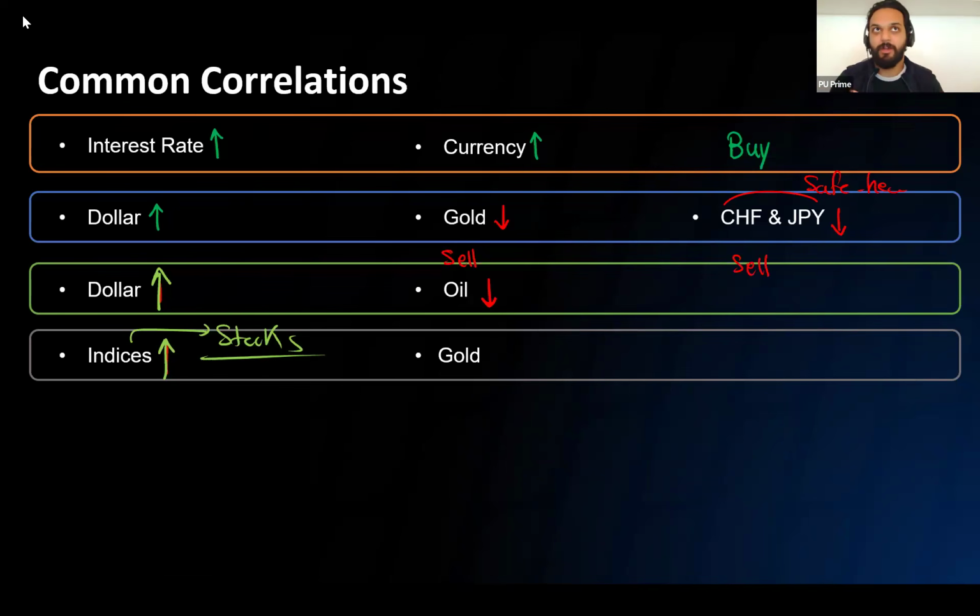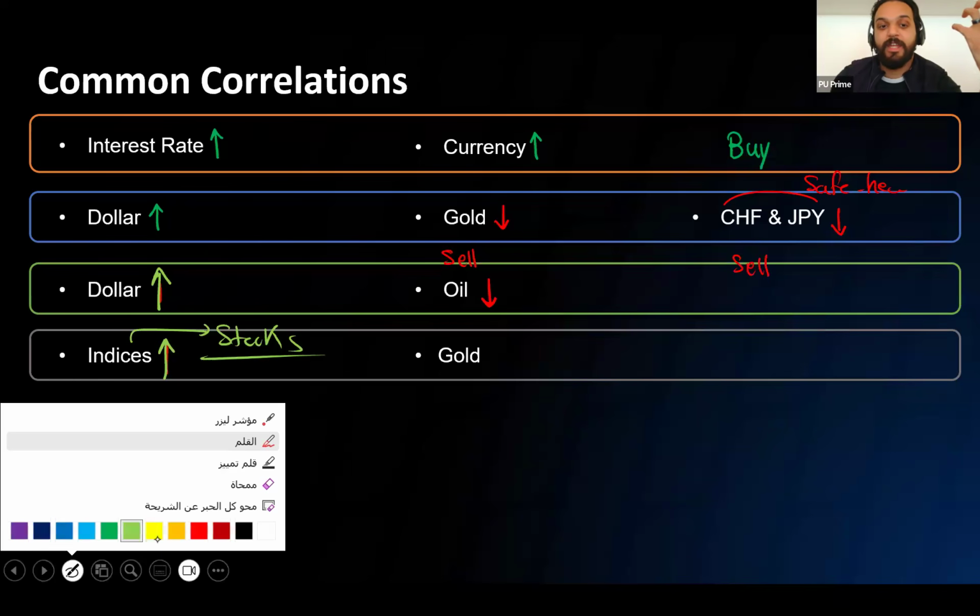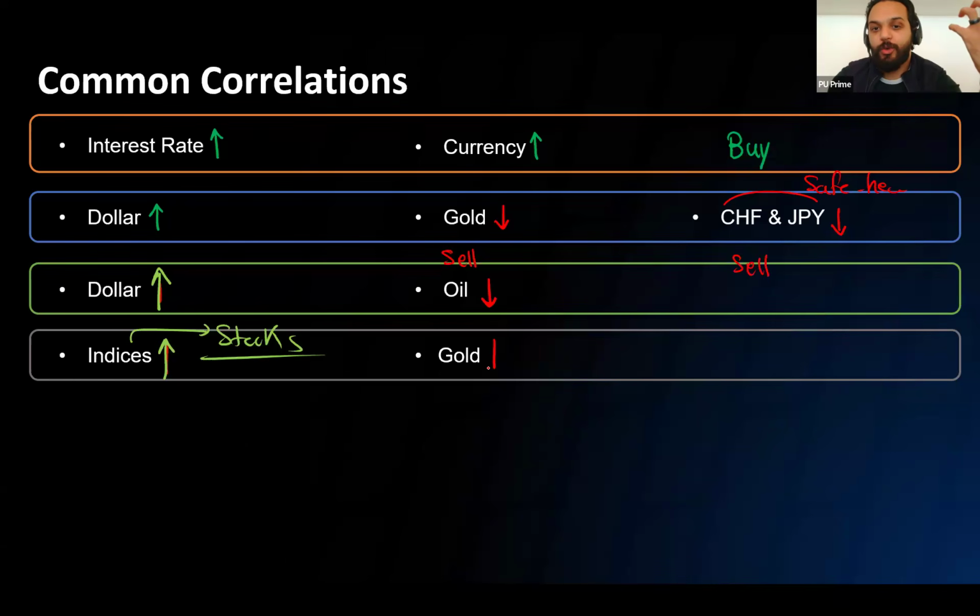If we are not certain about the economy, why should I put my money in stocks? Because I might lose it at any point of time. That's why when people feel risky or uncertain about the economy, they go for the gold, right? So if the indices are doing well, this means that the stock market is doing well. If the stock market is doing well, the gold should go down.